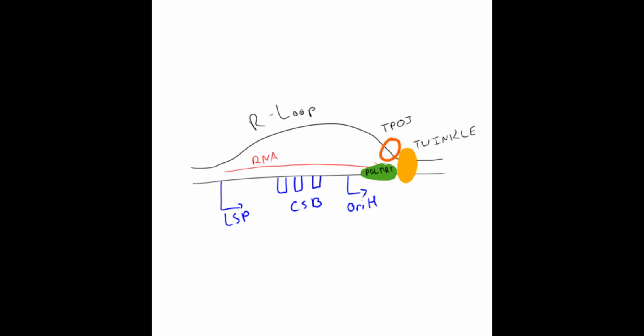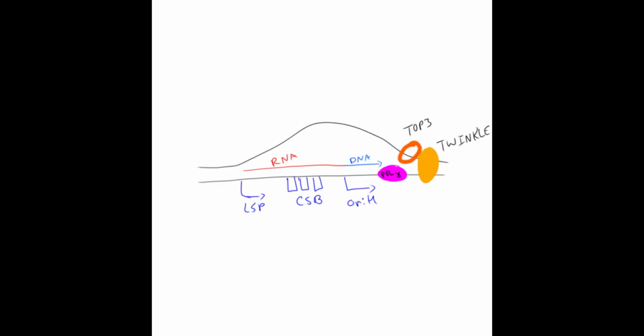Twinkle is assisted by topoisomerase IA, otherwise known as TOP3A, to prevent supercoiling of the DNA in the process of the H-strand replication.